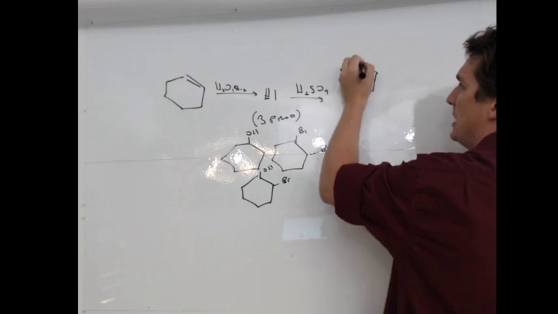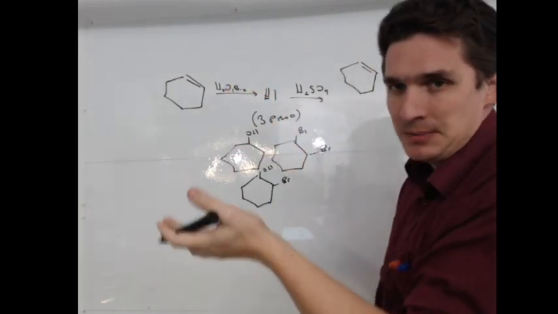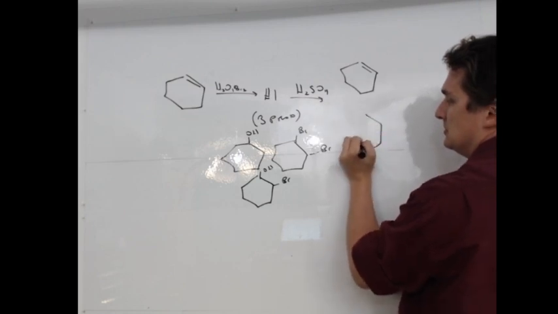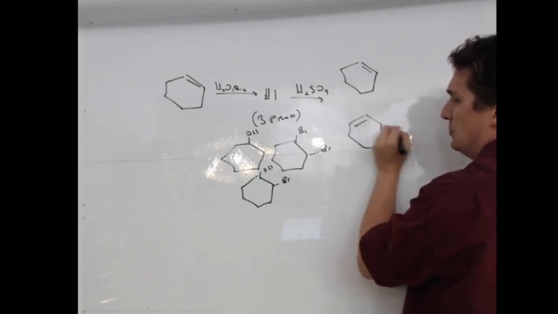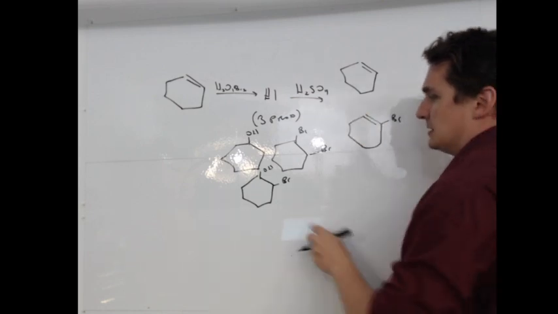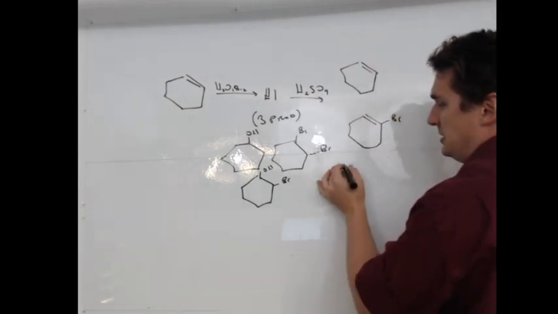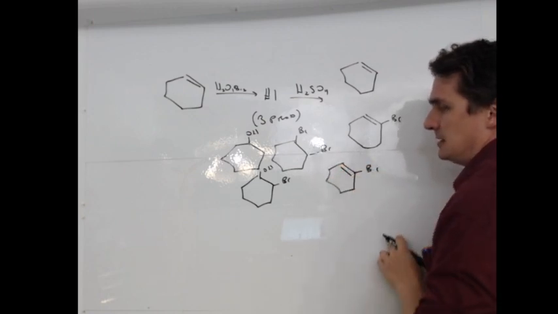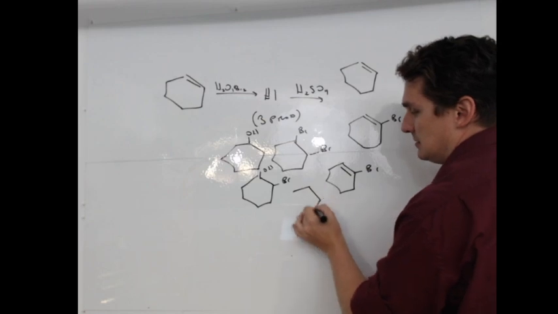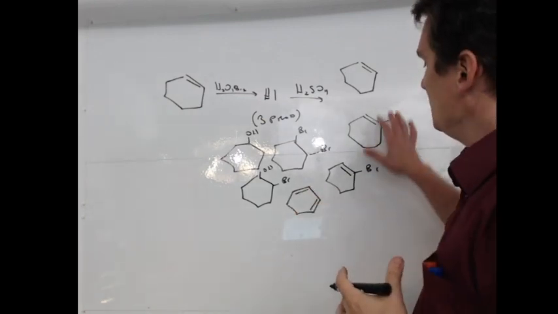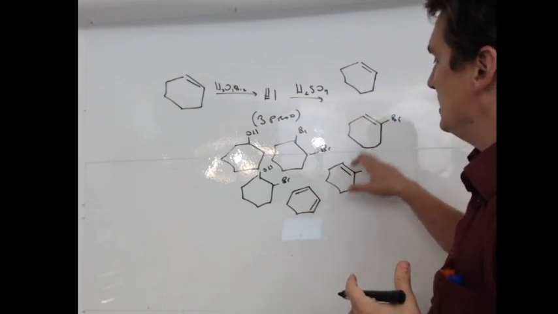If we do an elimination on that one, we'll get our starting compound. If we do a single elimination on this one, we'll get that product. If we do a single elimination on this, we'll get this product. And if we do double eliminations, we'll get these products. So ultimately, you don't really see much of a unique product here.